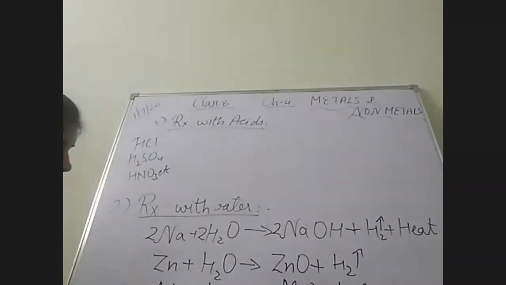Now, how the metals react with acid? When they will react with acid, they will form salt and hydrogen gas will be evolved over there.